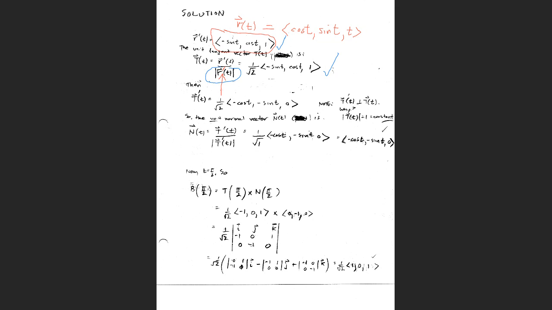Now I need to get the derivative of the tangent vector. Well, the derivative of the tangent vector, this 1 over the square root of 2 just stays out in front, and the derivative of minus sine, cosine, and 1 are as you see here.